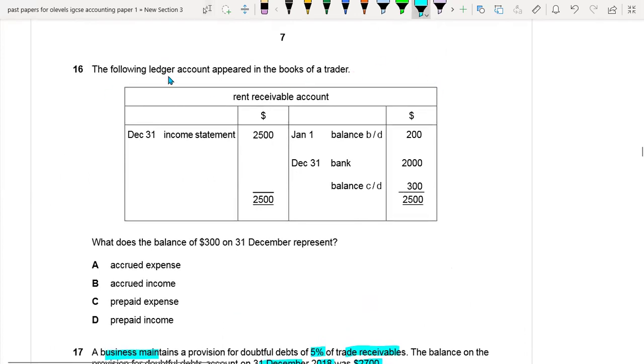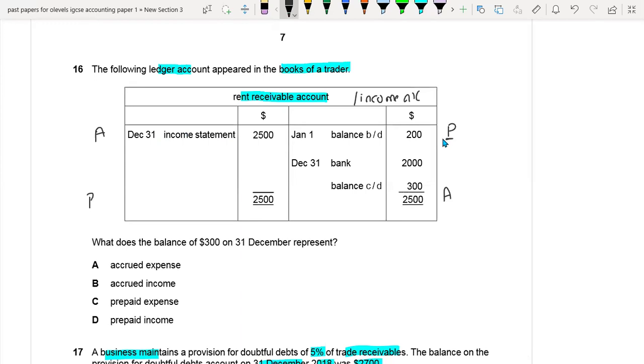Following ledger account appeared in the books of a trader, rent receivable account. We know that for the rent receivable account, what mnemonic will we be using? A, P, this is the income account. So A, P, P, A. It means that if the balance BD is accrued, it will come under the debit side.